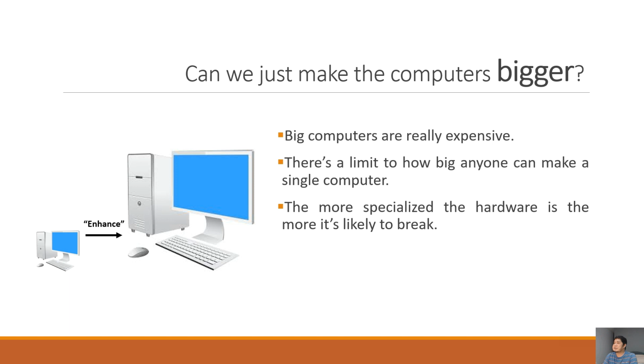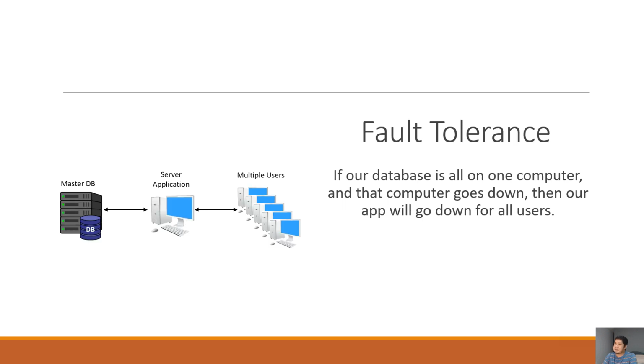Then we have here a terminology, fault tolerance, which means if a database resides in a single computer and that computer goes down, then the application will go down for all users. So transactions will be interrupted.